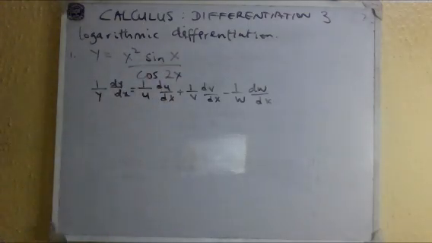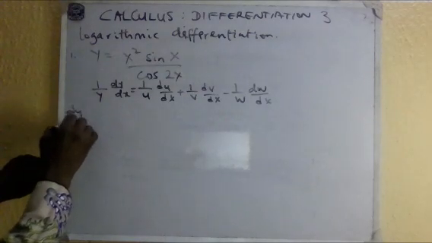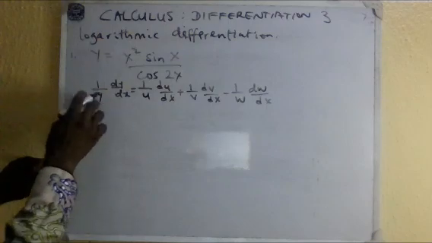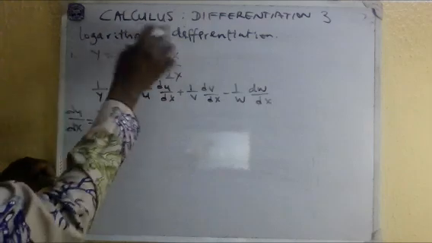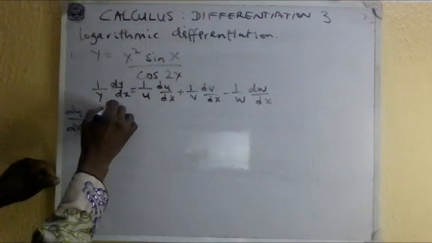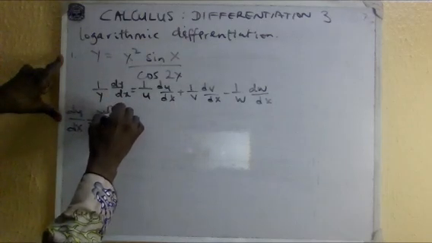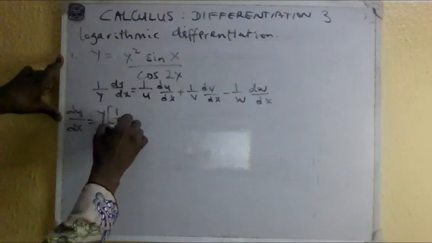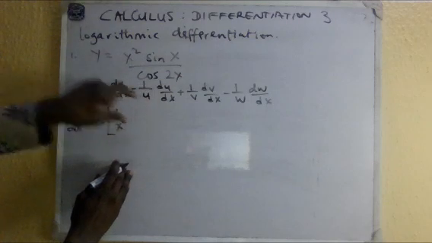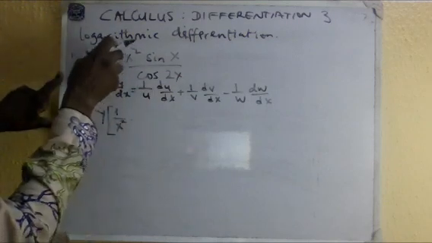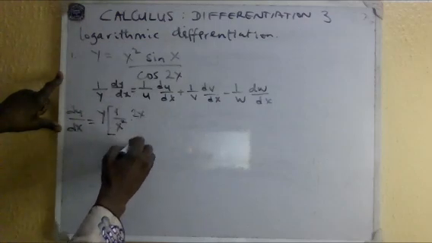So, I will now come here and say dy/dx is equals to, I'll take this y to multiply all this. y is outside. Remember, y is equals to all of this. But y outside, open bracket, big one. 1 over u is what? u is x squared. 1 over x squared dot du/dx. So du/dx, differentiate this one now. If you differentiate x squared, it is 2x.